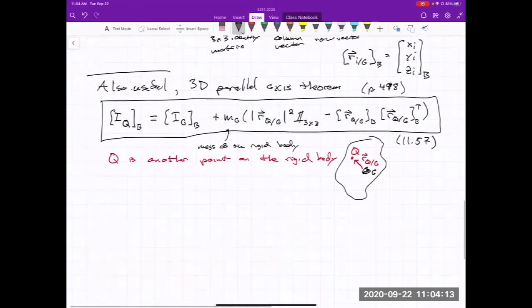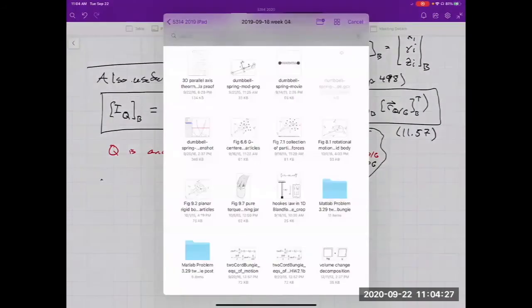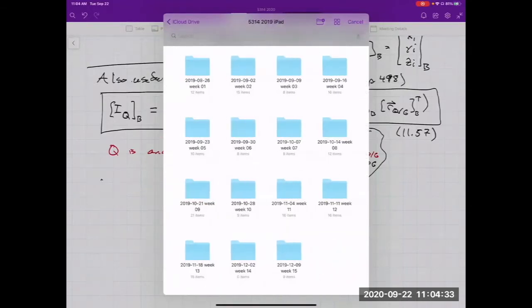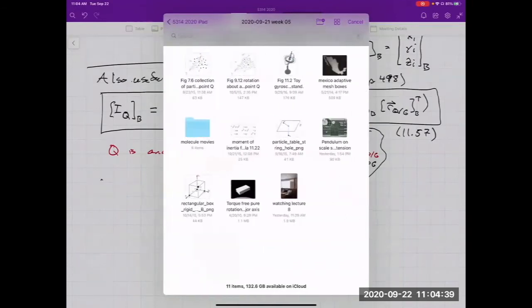Okay. Now I did want to show you, give some ideas to what you would do for a collection of particles. So let me insert a figure here.